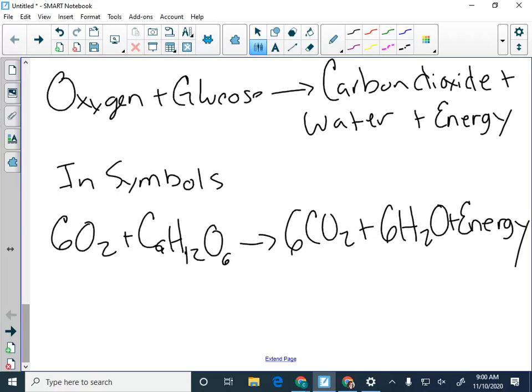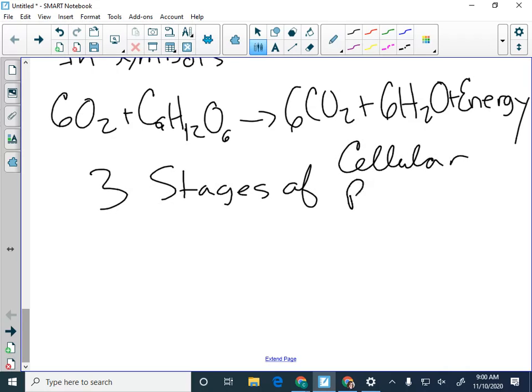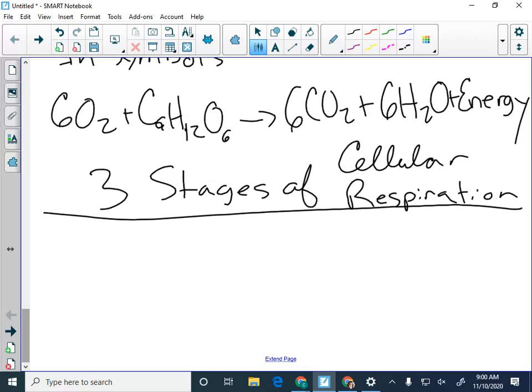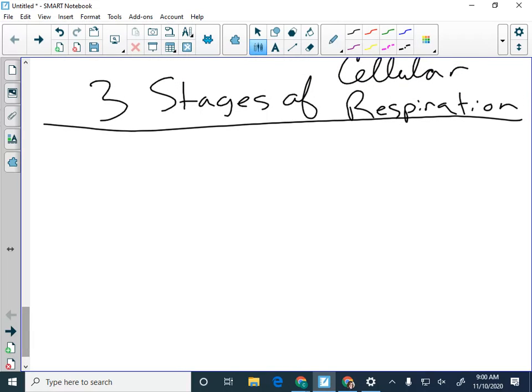There are three stages of cellular respiration.